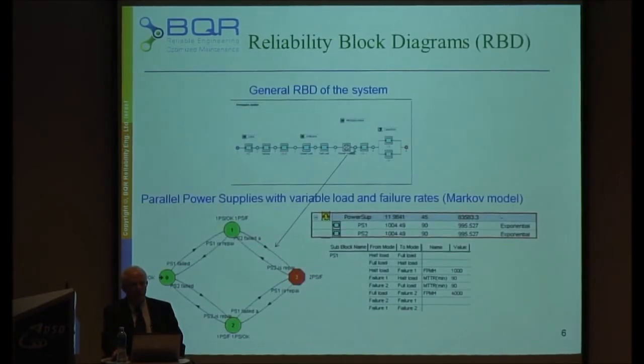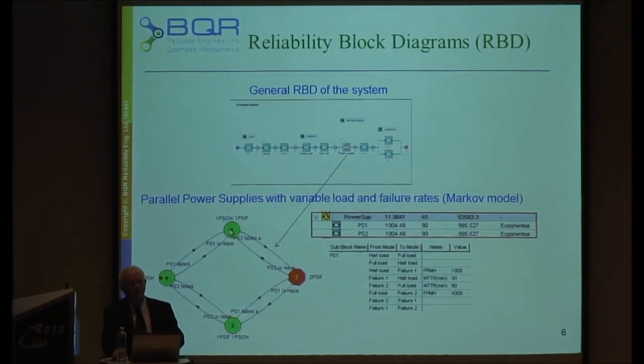So if we take this power supply here, and we represent it as a Markov model, this state says that the two power supplies are working together, each one providing half the current. If one power supply fails, we move to this state.